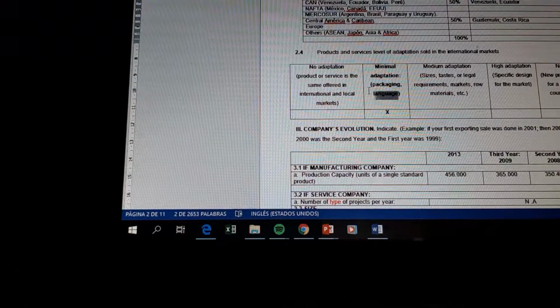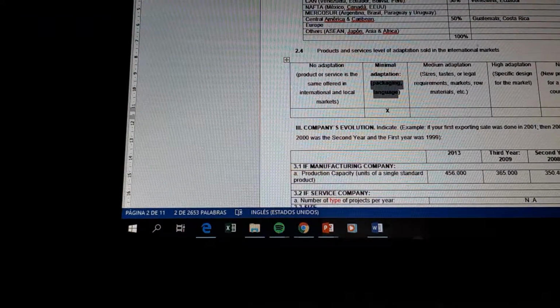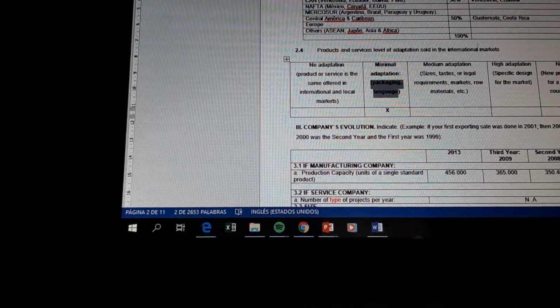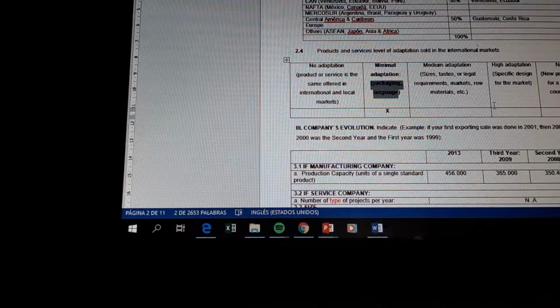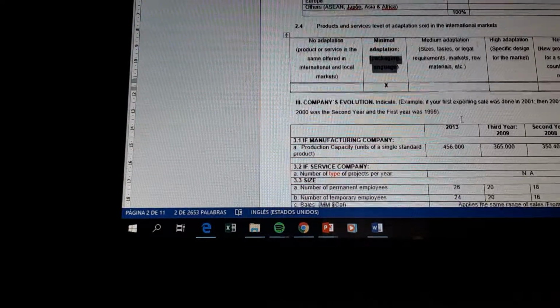Here they say that they have some minimal adaptation, just the language in the package, probably not so much, as long as they need to send it to Colombia. So really very basic.